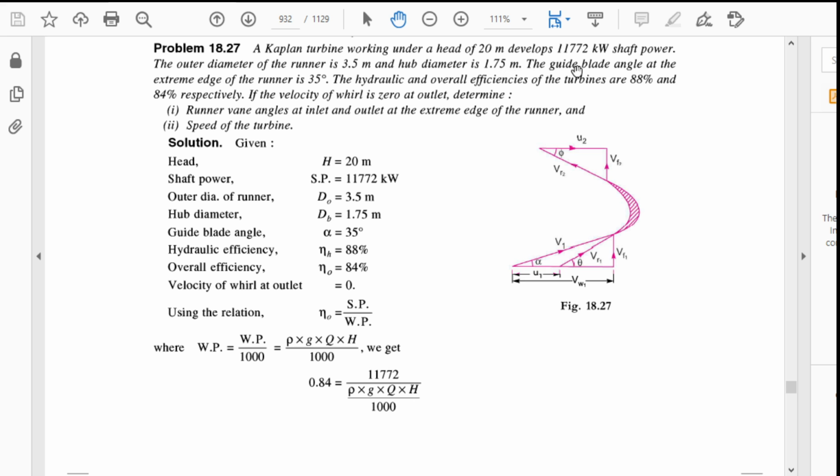The guide blade angle at the extreme edge of the runner, alpha, is given as 35 degrees, the hydraulic efficiency is given as 88%, and the overall efficiency is given as 84%.